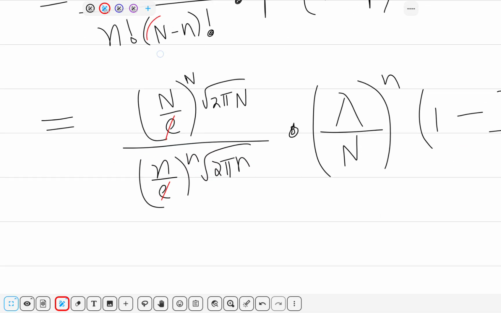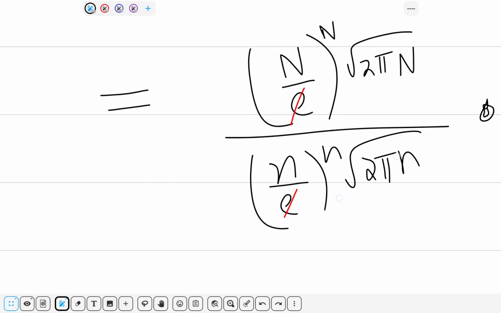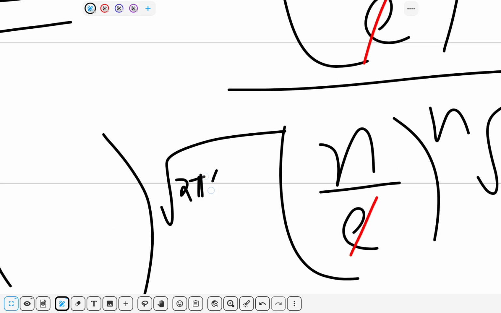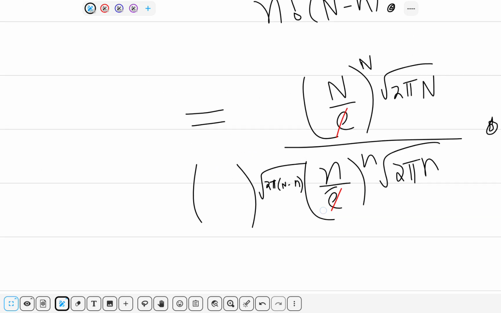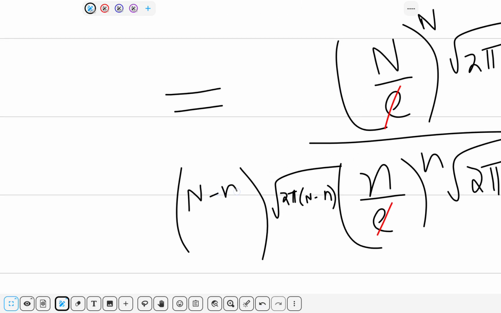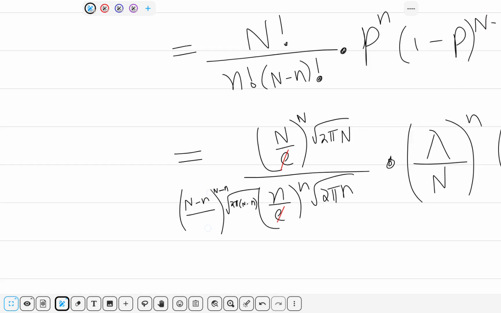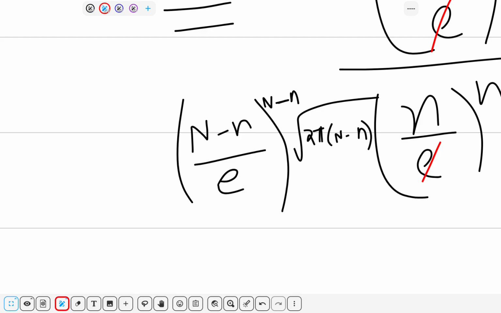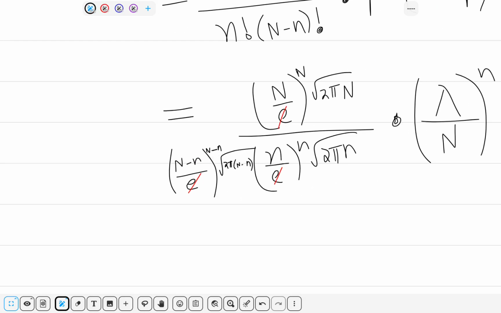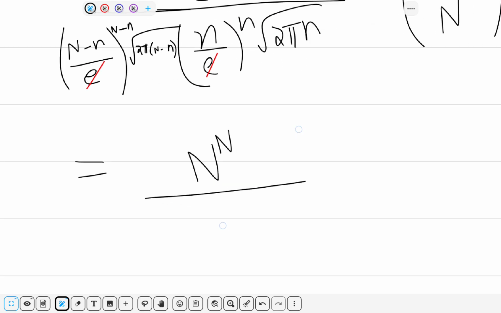Oh, did I mess it up? Oh, I forgot this. Let me write this down as well. I will write it here itself: 2 pi n minus n. Only this e will cancel if this term is also there in the denominator: n minus n power n minus n by e. Now I will just cancel this up, and let me write down the neater expression, which is not that neat but comparatively neat.